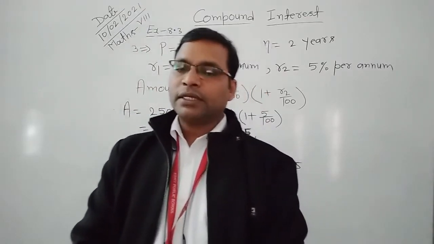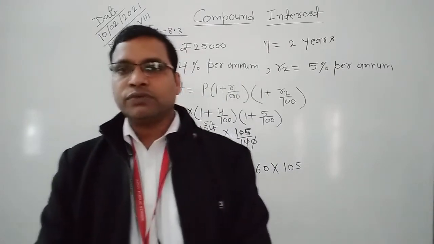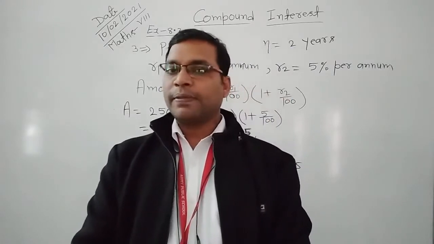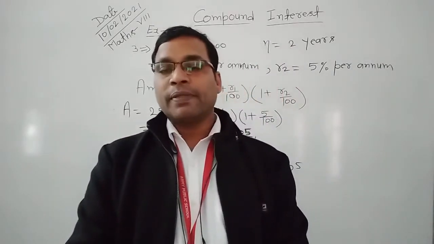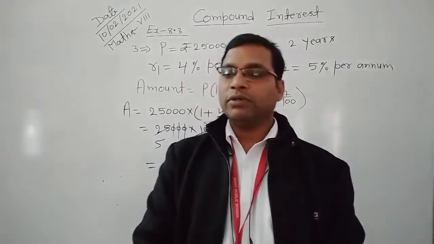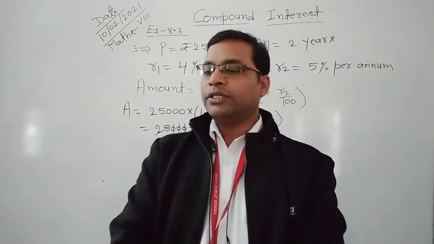First we find the amount for 2 years. After this we find the amount for half a year. If we add them, then we get the total amount for 2.5 years. So let's see how to solve this question.